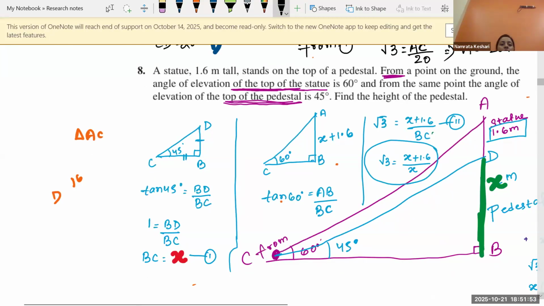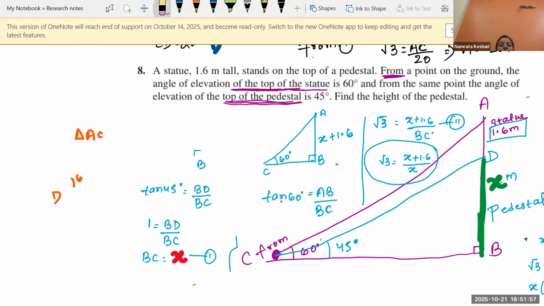A statue 1.6 meter tall. Okay. Meanwhile, you read the question. I am rubbing everything.